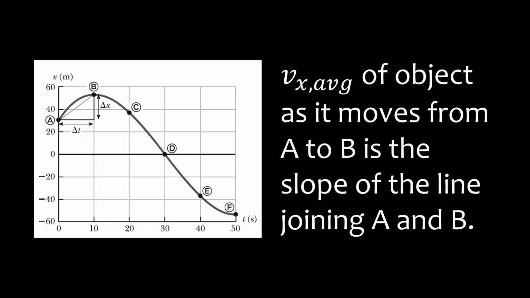The average velocity of the object as it moves from A to B is actually the slope of a line that joins A and B. As you can see here in this graph, I drew a line that joins A and B, and the slope of this line is just the rise over the run, and as it turns out, the rise is the displacement delta x, and the run is the time interval delta t. Rise over run equals delta x over delta t.